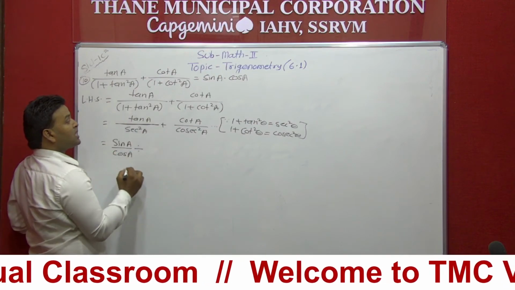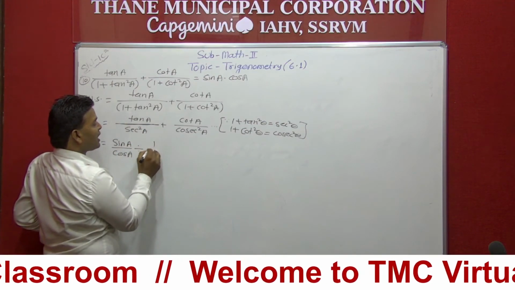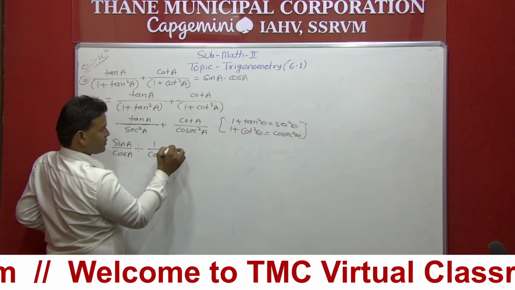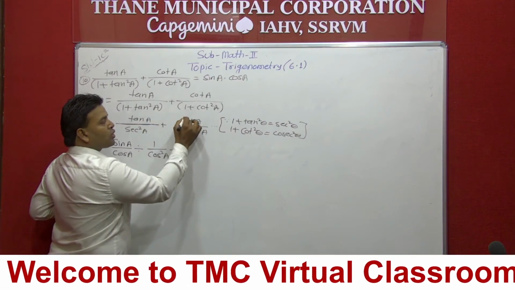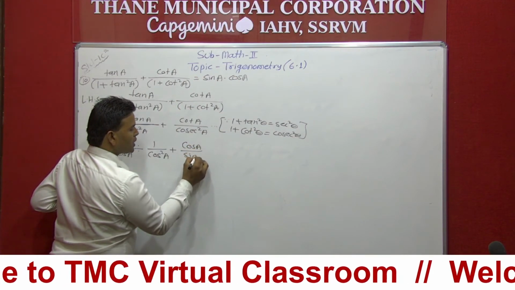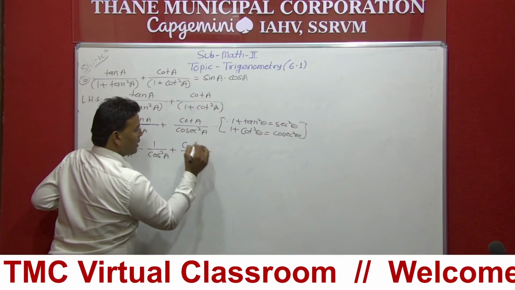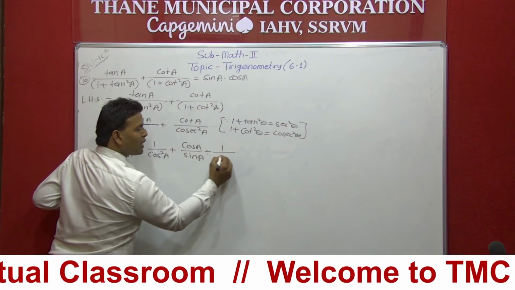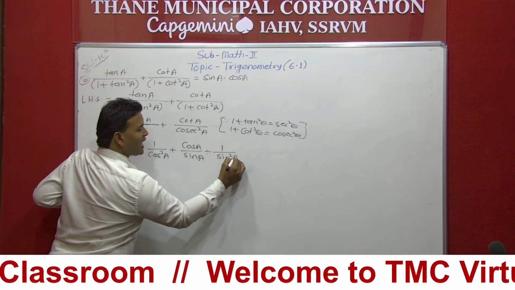And here 1 upon sec square A will get converted into cos square A. Same thing here. Cot A means cos A upon sin A divided by 1 upon cosec square A, which means 1 upon sine square A.